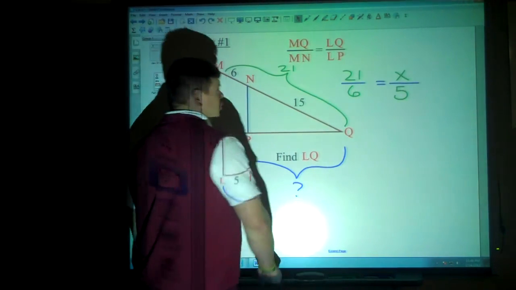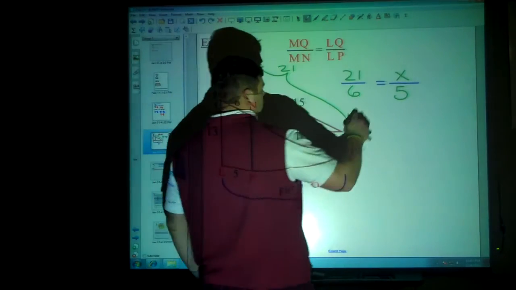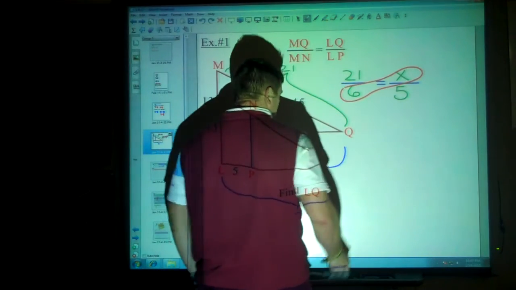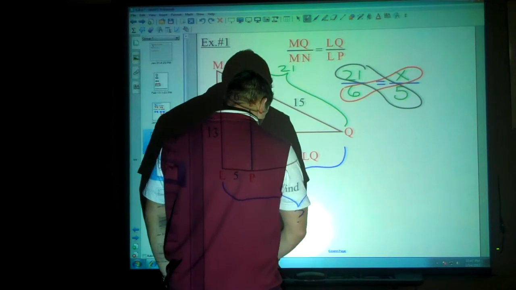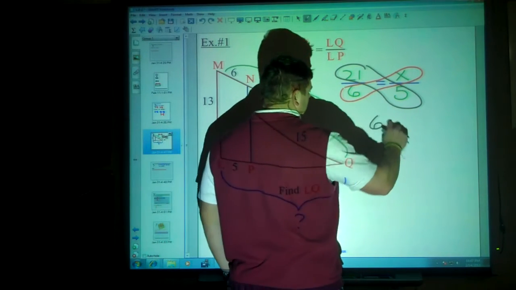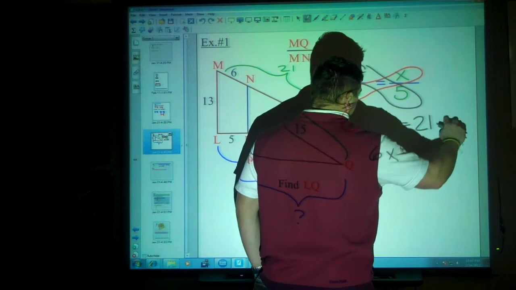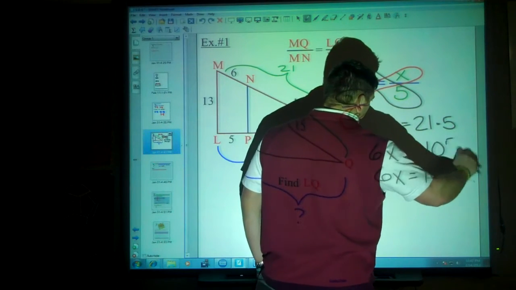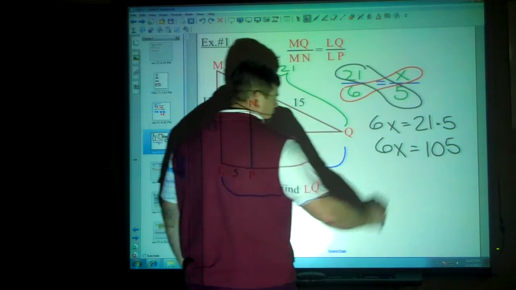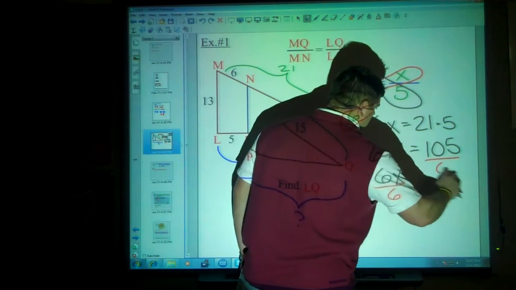So you can now use cross products. And you could say 6 times x has to equal 21 times 5. So 6x equals 21 times 5. 6x equals 105. Divide both sides by 6.